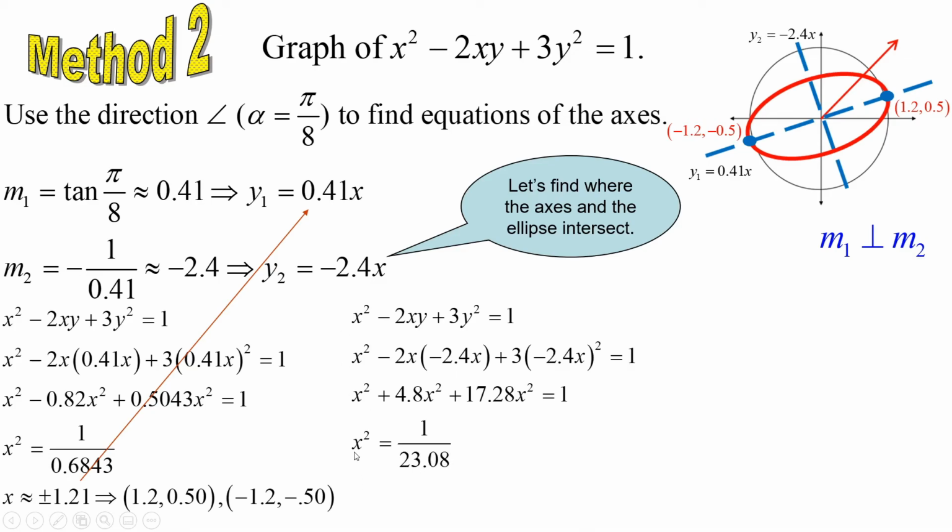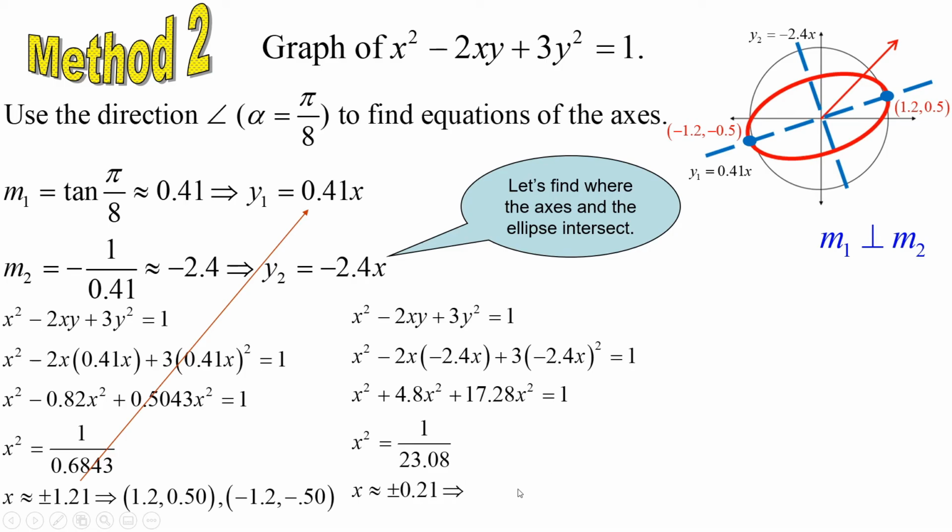Okay, now let's take the positive and negative root of this 1 over 23.08 to get x's approximately. So let's go second root of 1 divided by 23.08. And I am getting approximately 0.21. And the positive and negative roots, so that's going to be a plus or minus approximately 0.21.